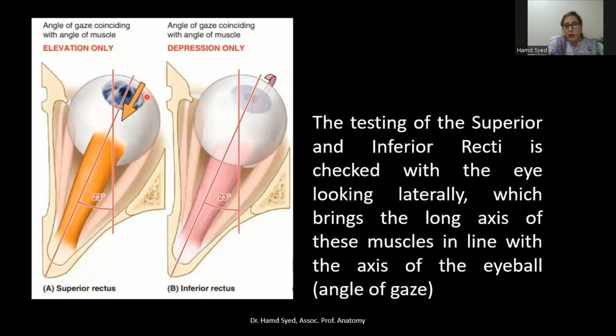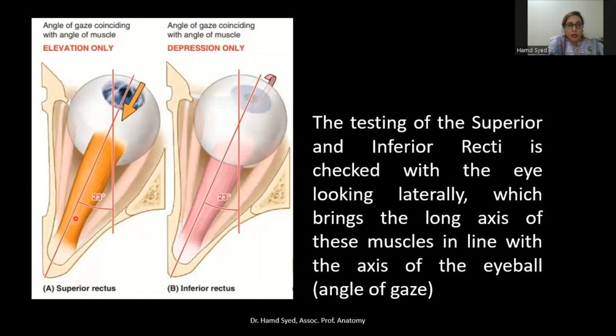What happens is that in this position, the long axis of the superior and inferior recti comes in line with the axis of the eyeball. So here is the axis of the eyeball, and now it is in line with this, or you could say parallel to the long axis of the superior and inferior recti.